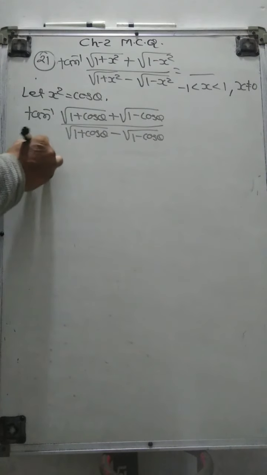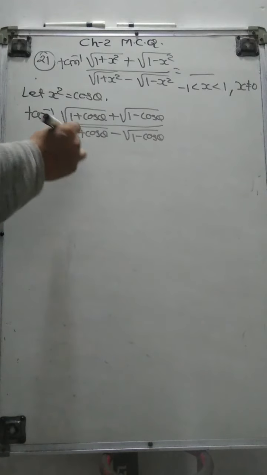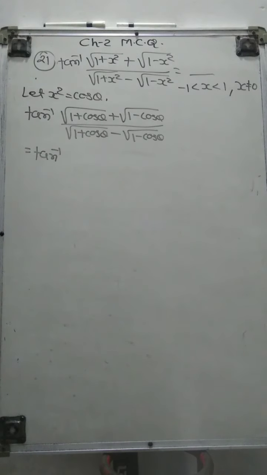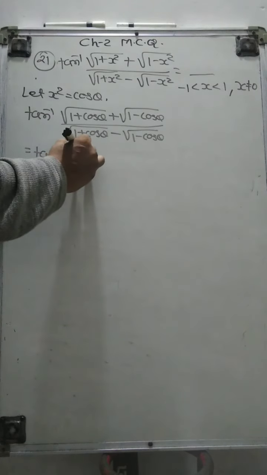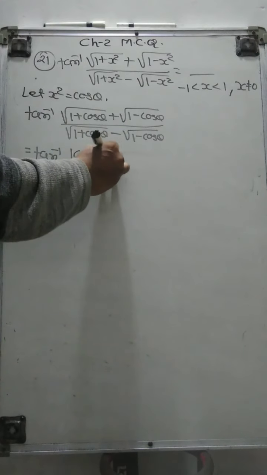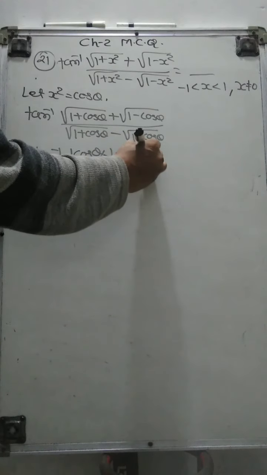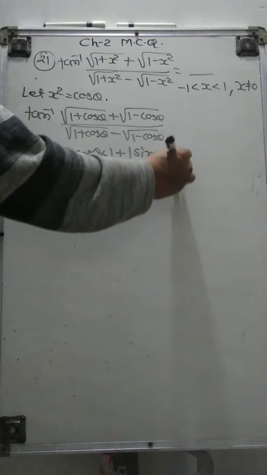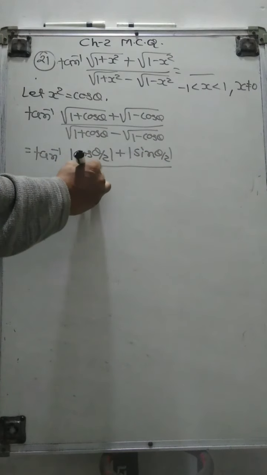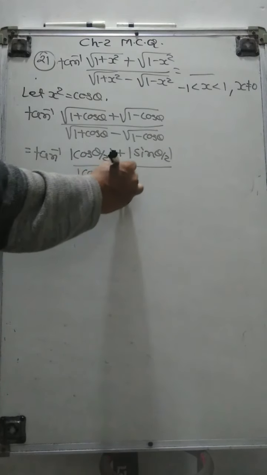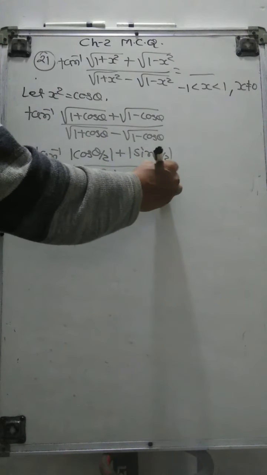Now we know that this is 2 cos square theta by 2, means mod cos theta by 2 plus mod sin theta by 2 upon mod cos theta by 2 minus mod sin theta by 2.